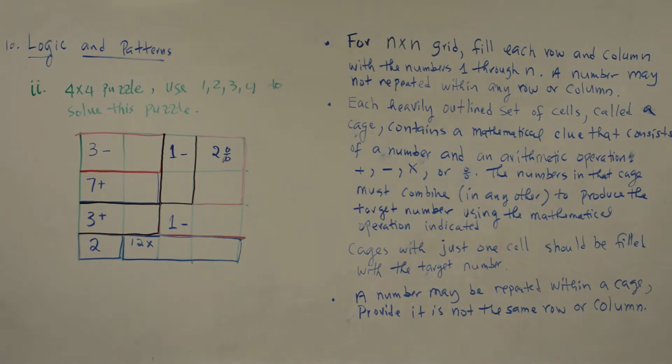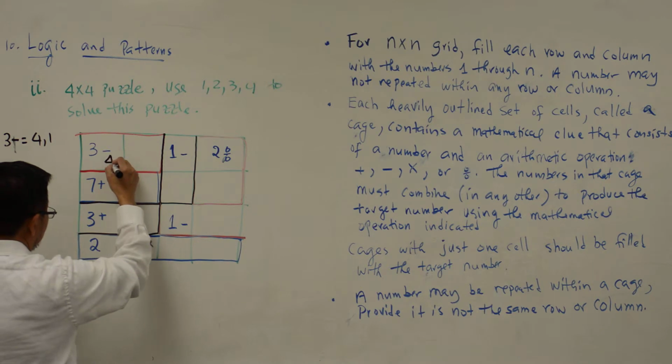Okay. Now for 3, let's look at this cage first. These 2 here. We can start with 3 minus. The operation is subtracting. So we can say 4 and 1. Let's say you pick 4 and 1. So I pick 4 here.